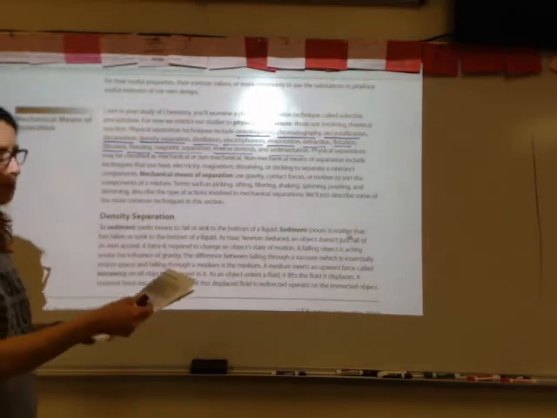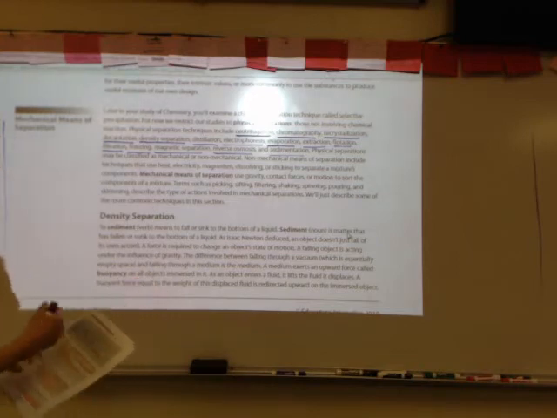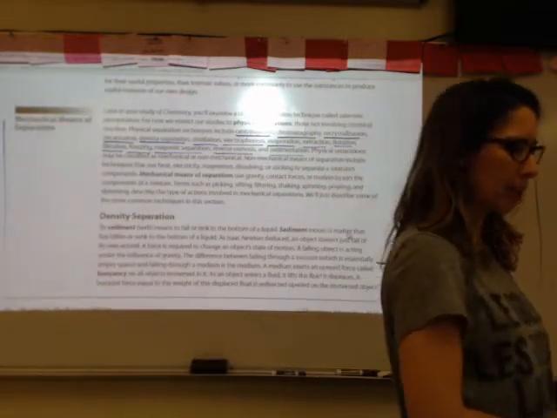Non-mechanical separation techniques are where we're going to be using things like heat, electricity, or magnetism, or dissolving. Mechanical separations are going to be things like where we use gravity or motion. Maybe we pick things out. Maybe we sift it. Maybe we filter it or shake it, spin it, or pour it. Okay? Let's move on to density separation.